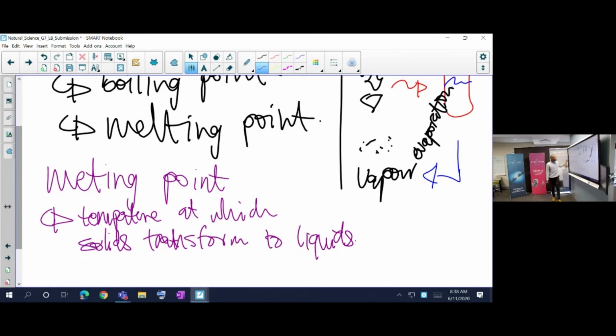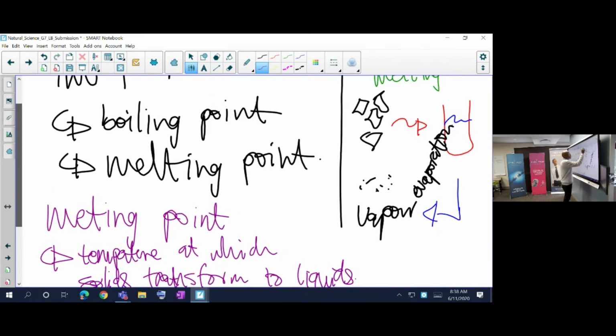At this temperature, this is our melting point. That's when we have this change from solids going to liquids.